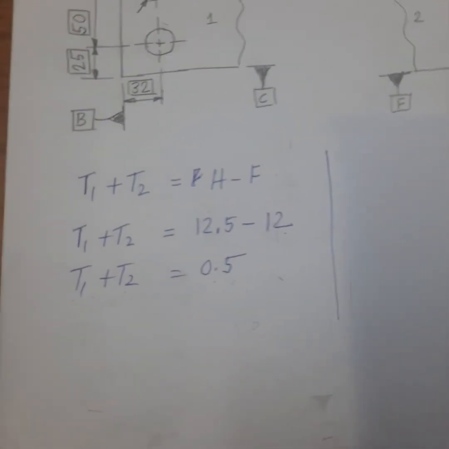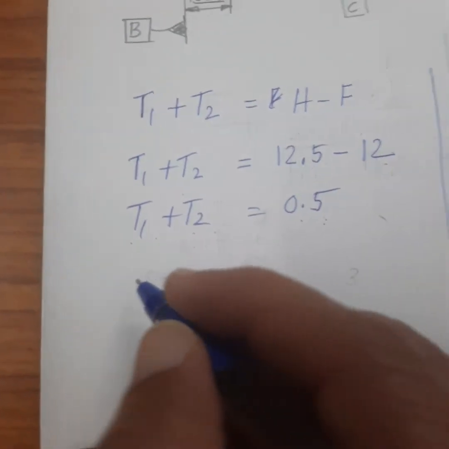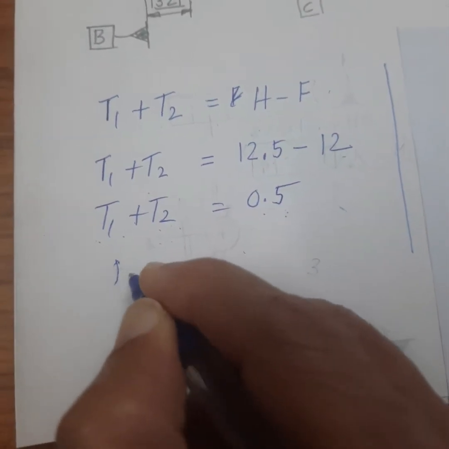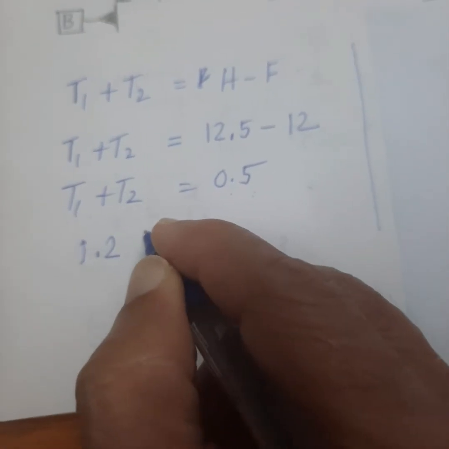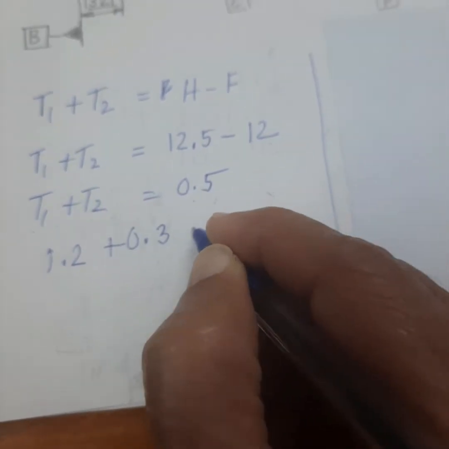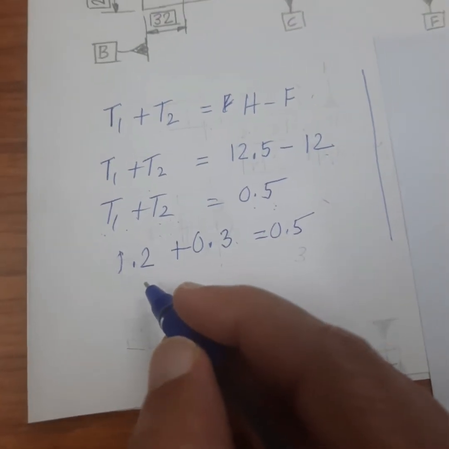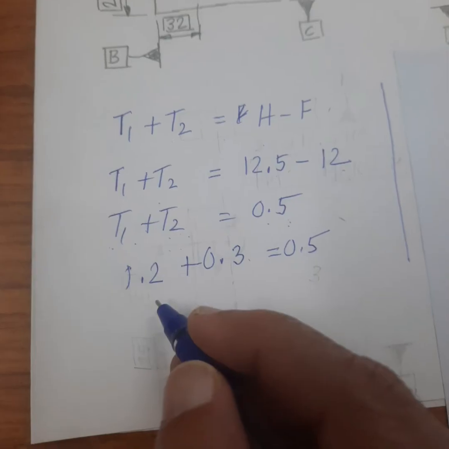So let us assign more value to the threaded hole position. So 0.2 plus 0.3 is equal to 0.5. So T1 is assigned with a value of 0.2.